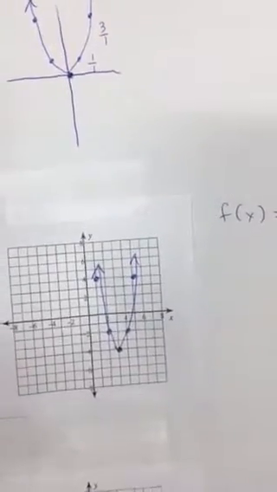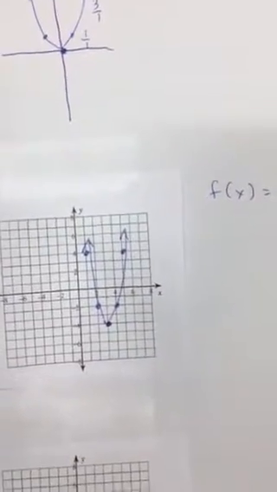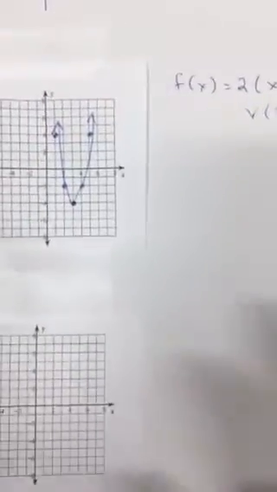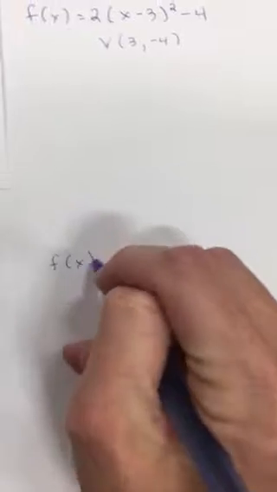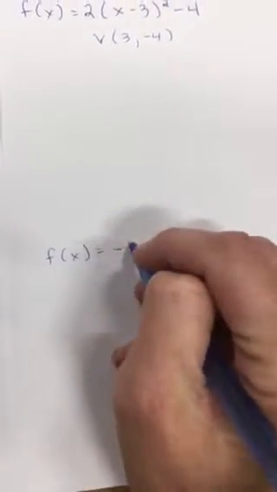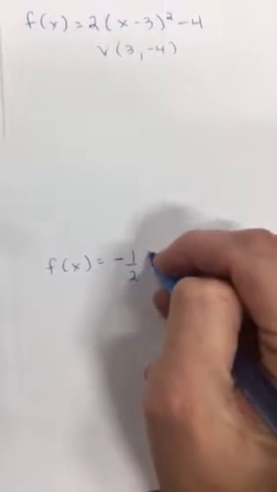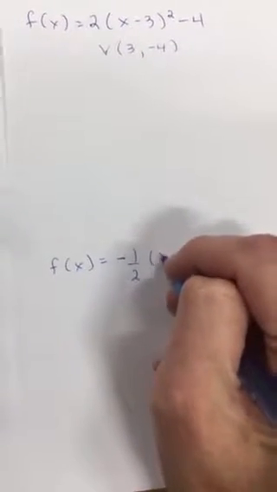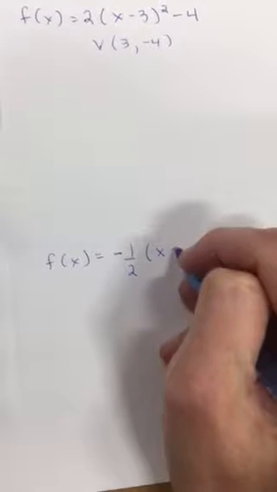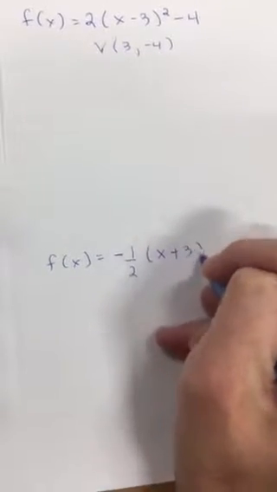Let's look at one that's actually compressed, because those follow a similar format, but a little bit of a different scenario. So let's look at a function. How about we'll actually reflect it, negative 1/2 of x plus 3 squared.